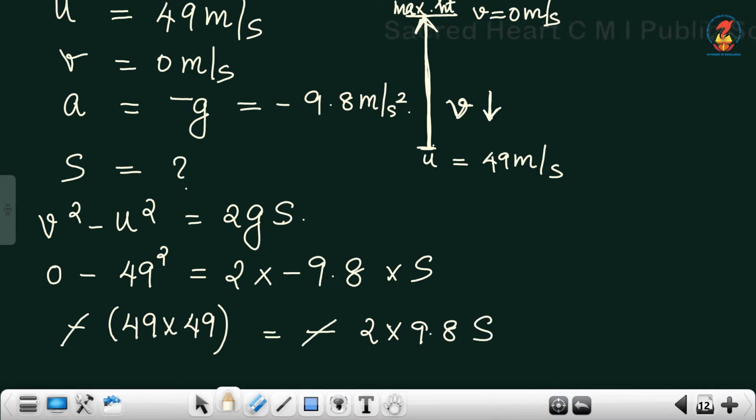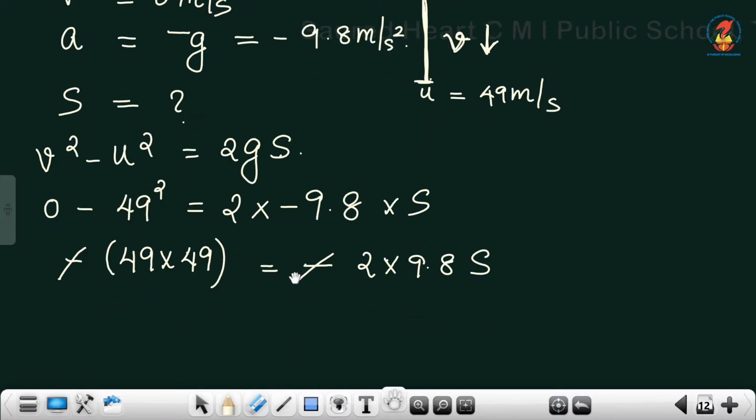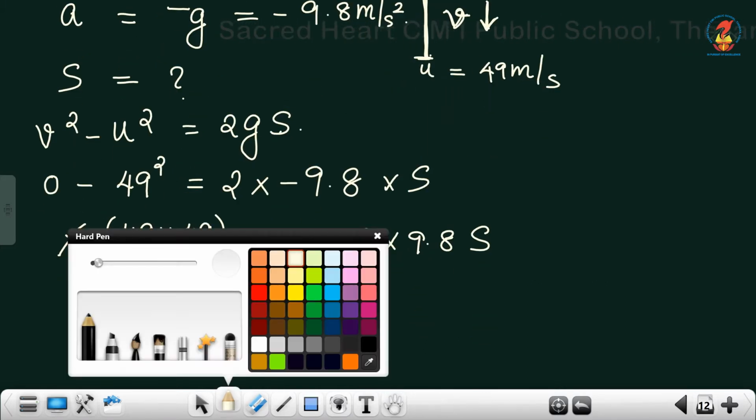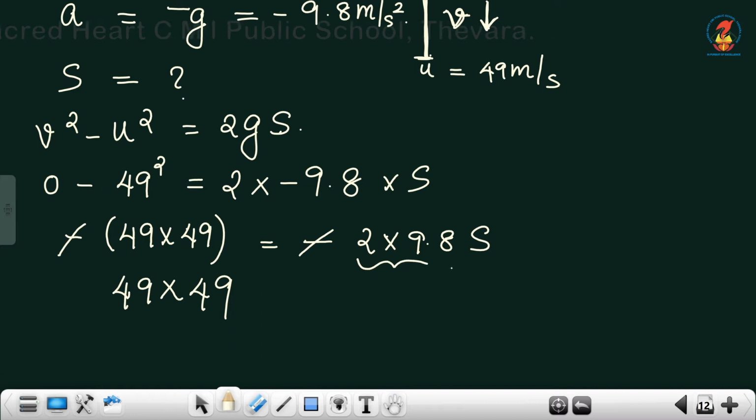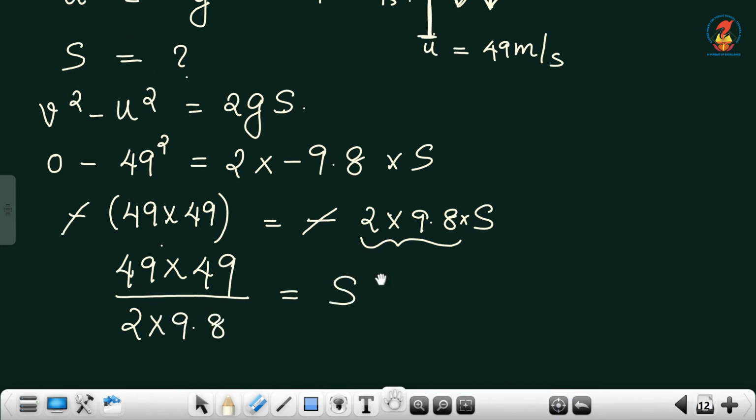Minus and minus sign get cancelled off. Already we have 49 into 49 here. Take this 2 into 9.8 to the other side. So when it moves to the left hand side, it becomes division, that is 49 into 49 divided by 2 into 9.8 is equal to S.